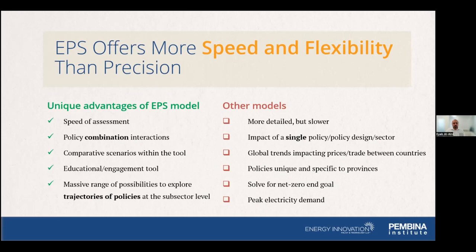For other uses, others may rely on other models. I'll point to one example: because it does not model electricity based on hourly demand, and instead models it annually based on demand from different sectors, it may not be the best model to answer questions specific to the electricity grid.